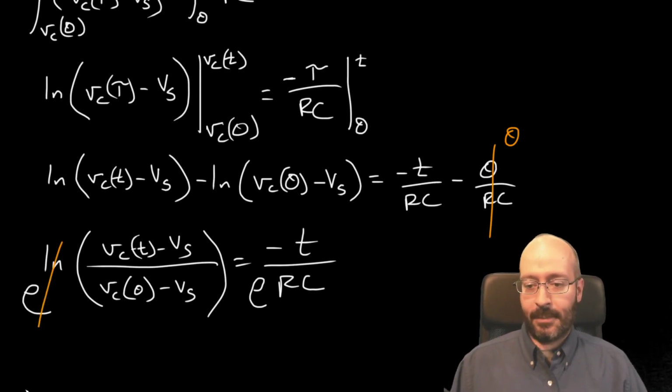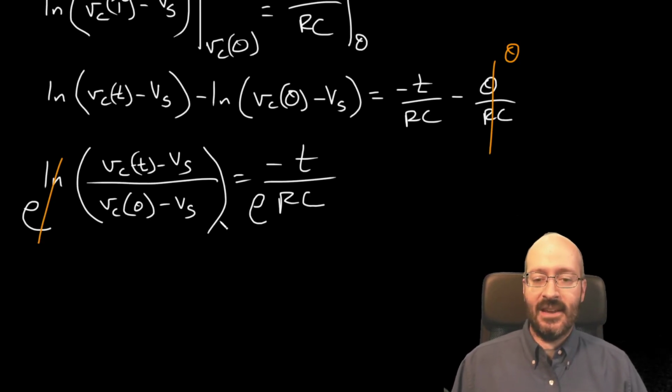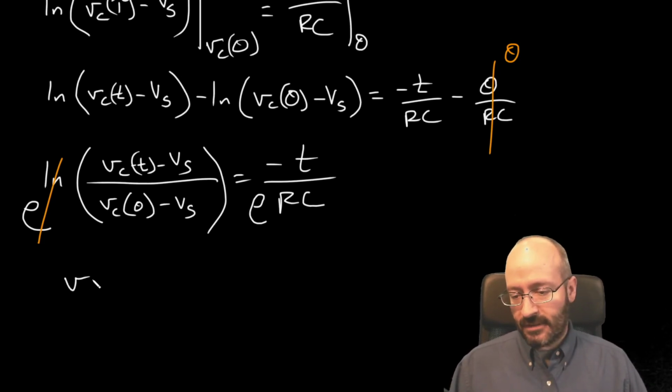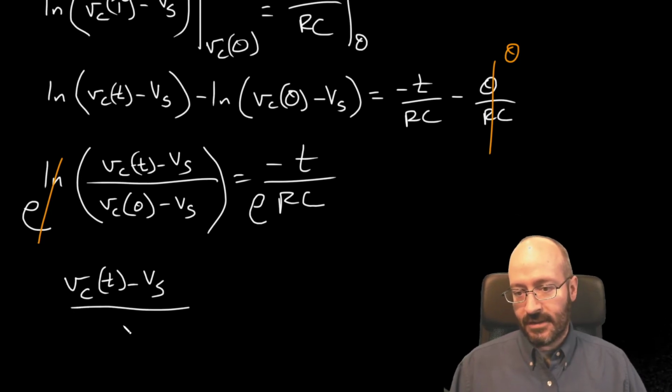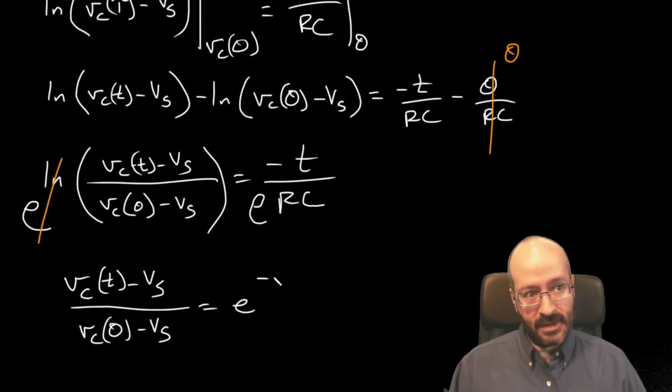Okay, so that's going to drop that out, and we're going to be stuck with that natural constant e on the right-hand side. So let's just get this rewritten so it's a little cleaner: VC of t minus VS over VC of 0 minus VS equals e to the negative t over RC.